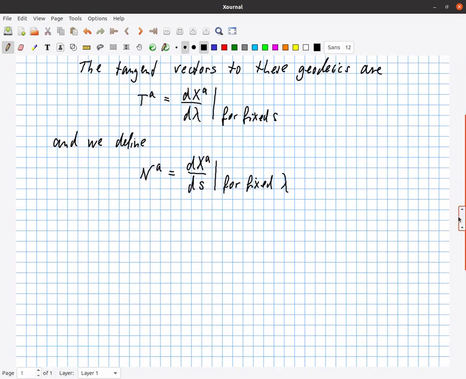Let me try to draw some nice picture here. Here's our surface.